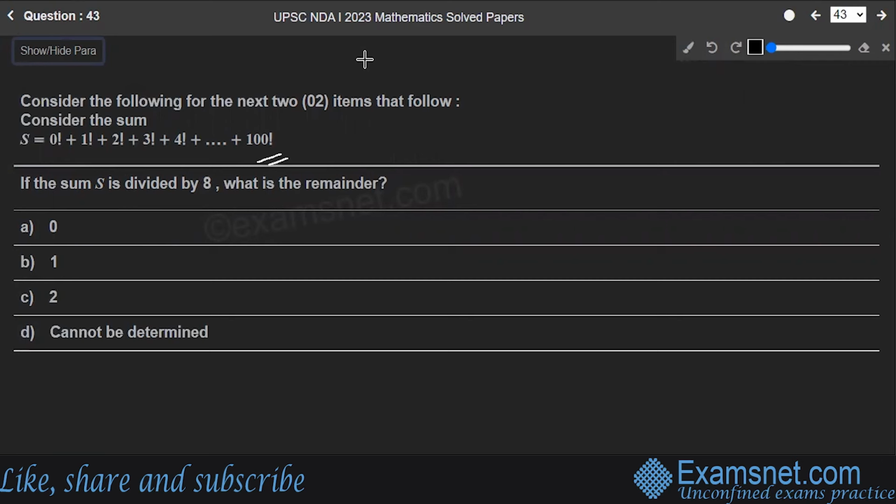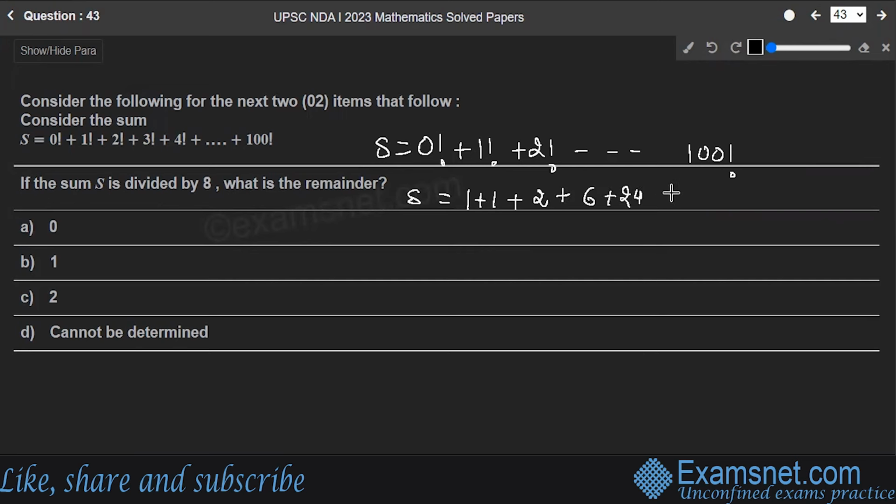Okay, given sum, let's write it down. 0 factorial, 1, 2, till 100 factorial. So here, if you break it up, this can be written as 1 plus 1 plus 2 plus 6 plus 24 till, I'm not going to calculate 100 factorial over here.